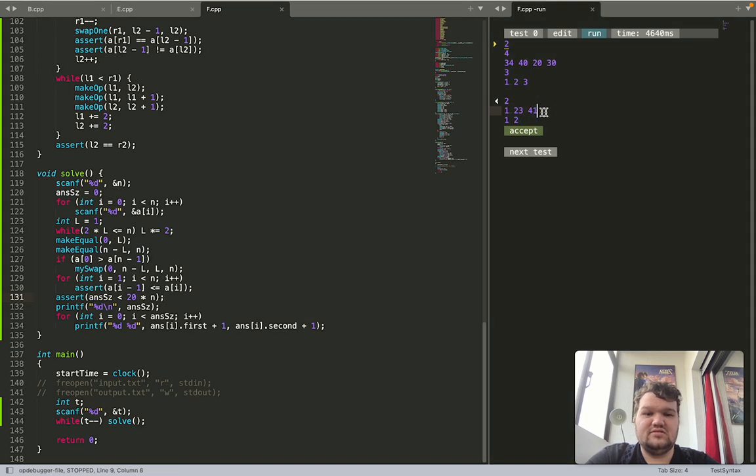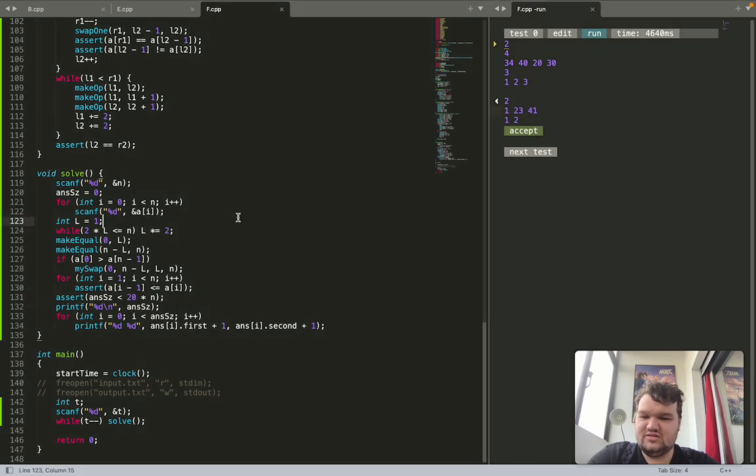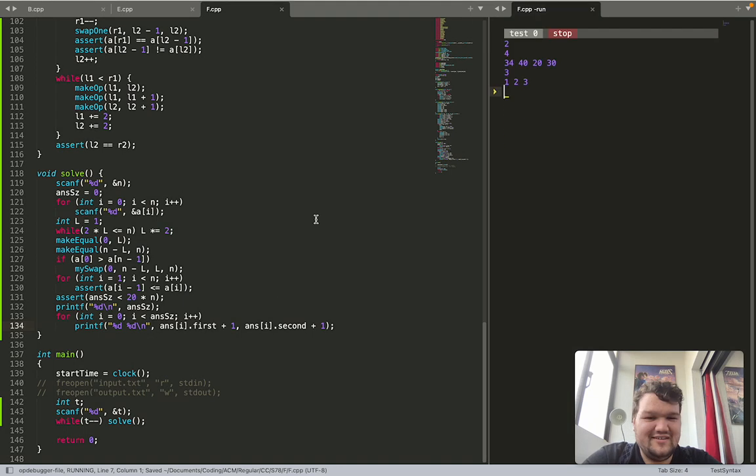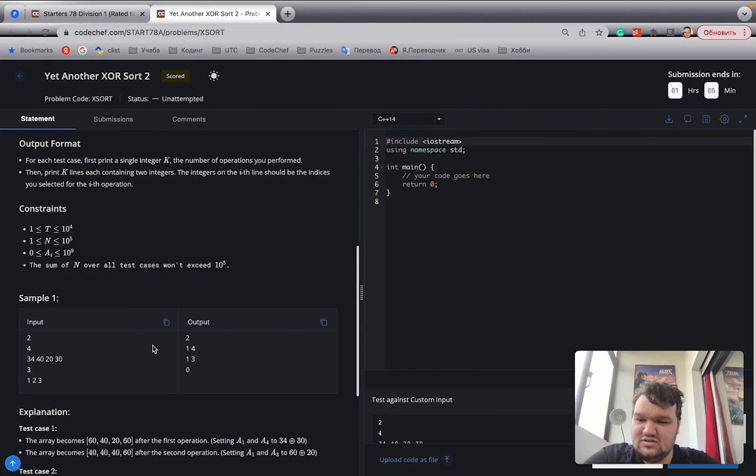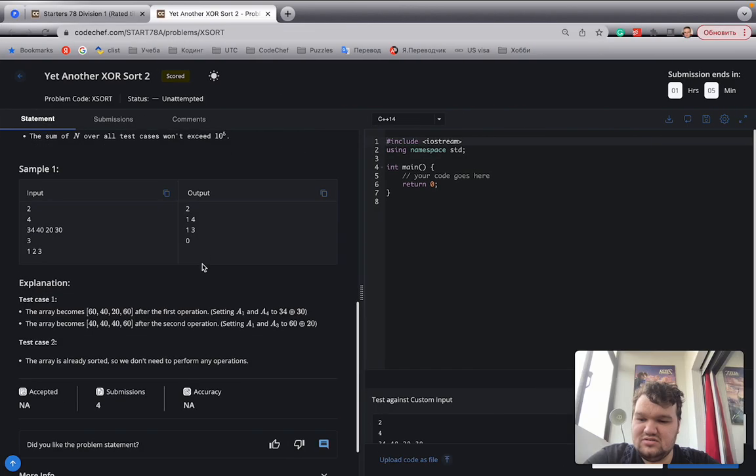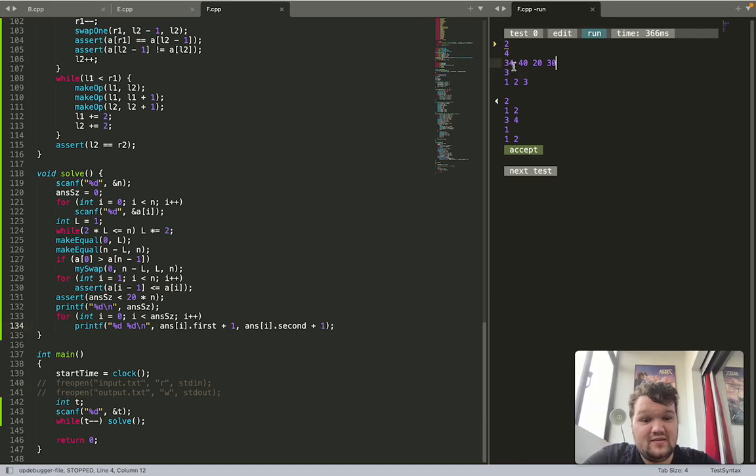Well, that's weird. Oh, I just don't print newline here and it looks weird. It actually says make operation on these two and these two. Do I really have to calculate XOR of those numbers?